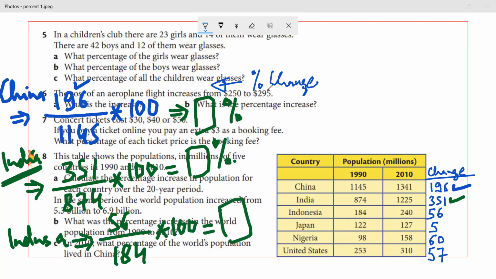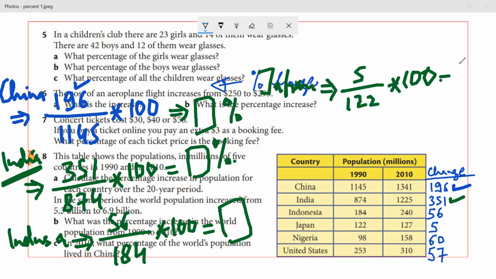For Japan, 5 upon 122 into 100. Nigeria, 60 upon 98 into 100.